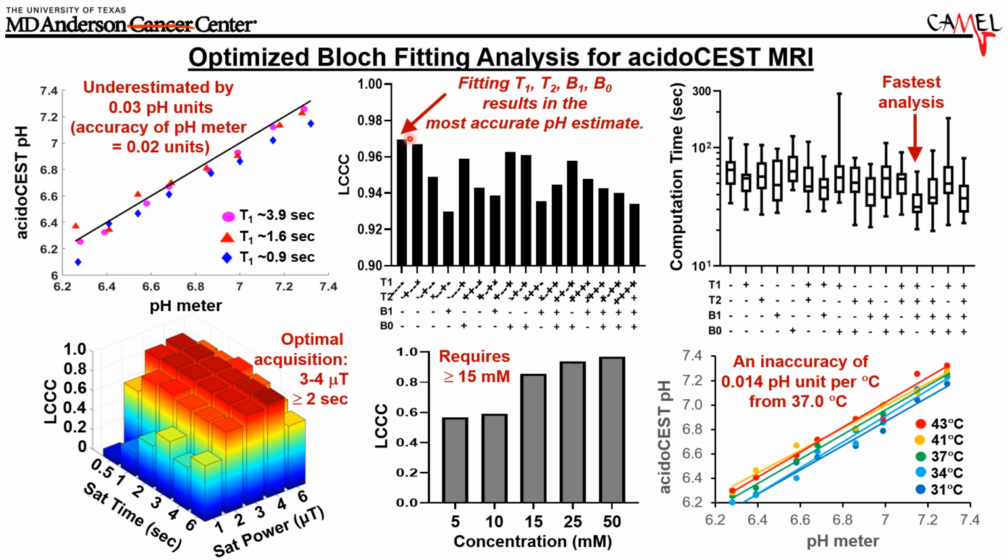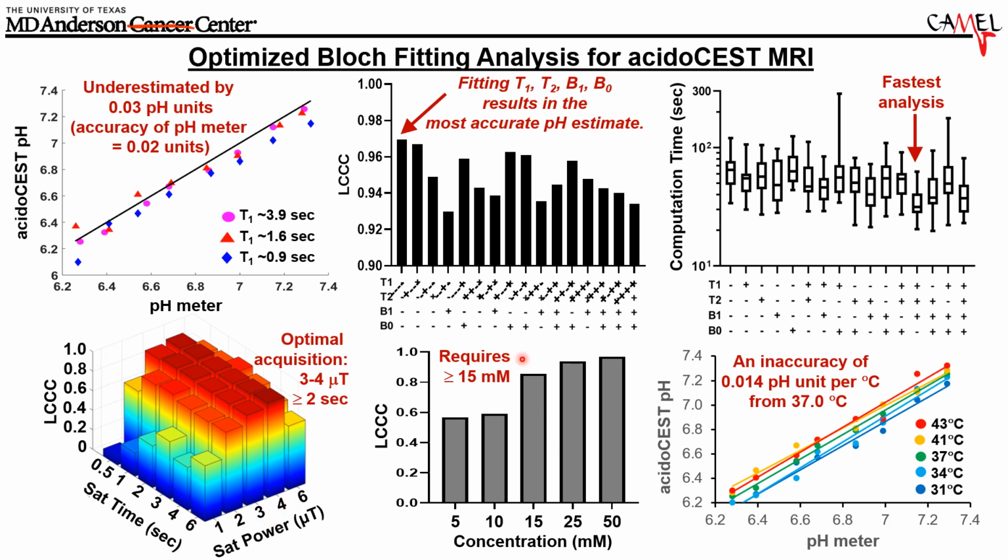Fixing parameters during the fitting to the experimental values does not improve the estimate of pH. However, it will improve the calculation speed, which is intuitive, of course. The saturation time can be as low as 2 seconds. Saturation power at 3 to 4 microtesla produces excellent results.